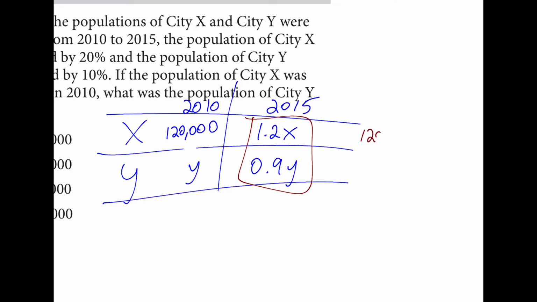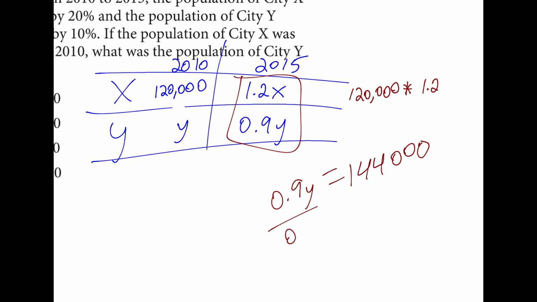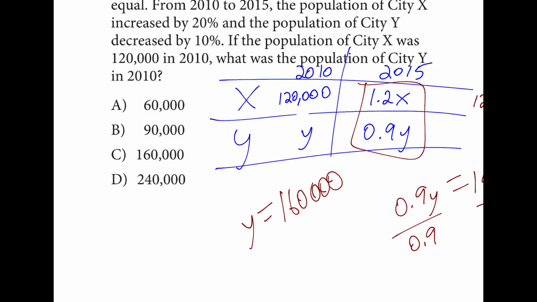So I'm going to take 120,000, multiply that by 1.2, so 0.9y is equal to 144,000. I'm going to divide both sides by 0.9, and I get that y is equal to 160,000. C.